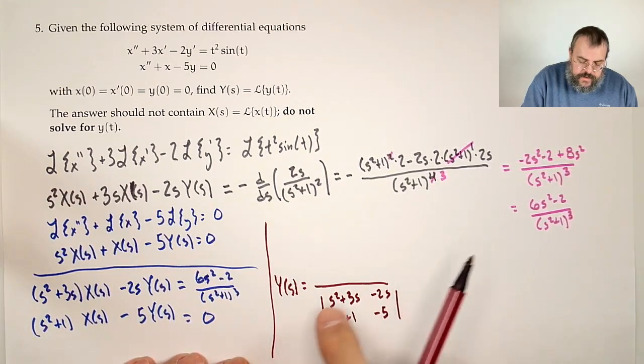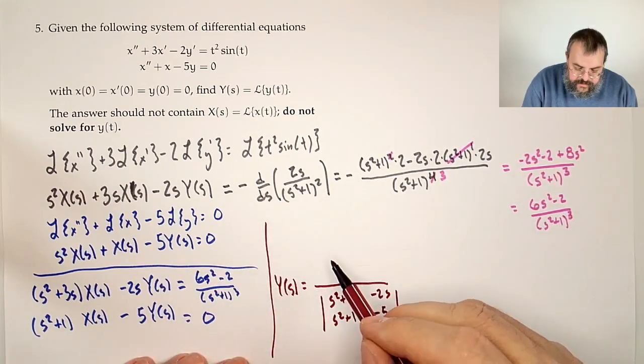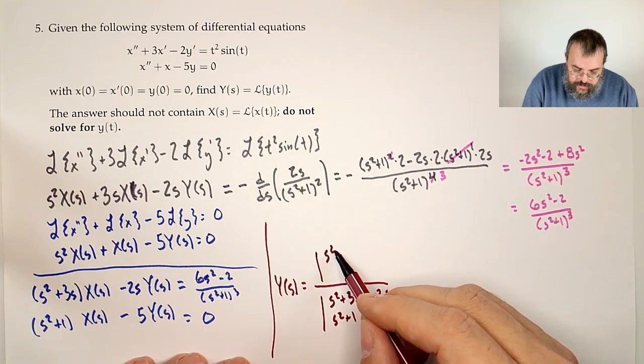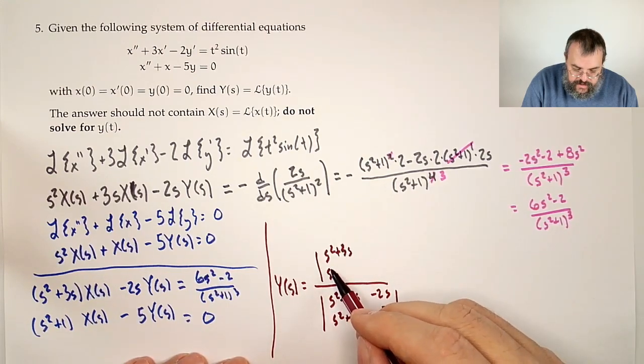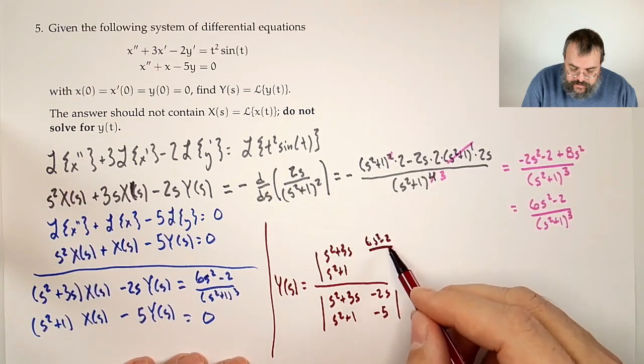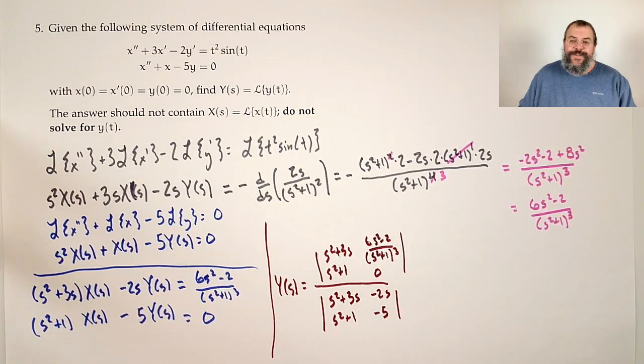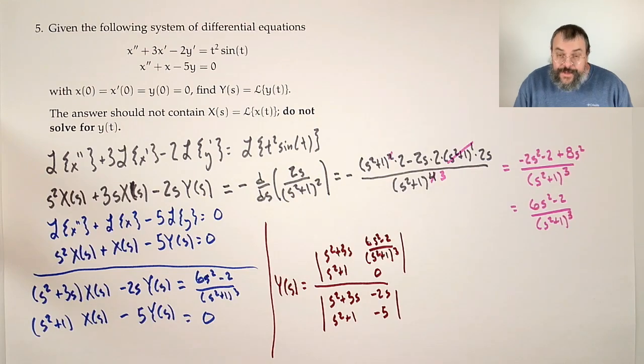Upstairs, we're going to have the same, except for the y's, we replace it by that expression. So s squared plus 3s, s squared plus 1, 6s squared minus 2 over s squared plus 1 cubed, and 0. The hardest part is just trying to squeeze it all in and still stay legible.